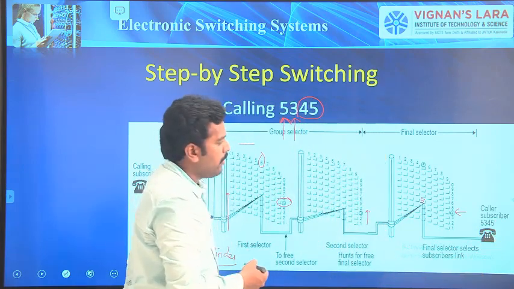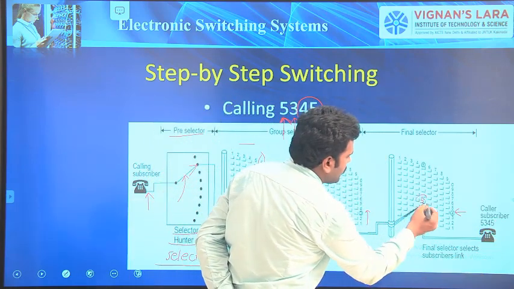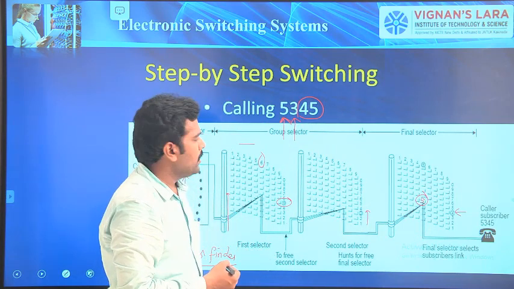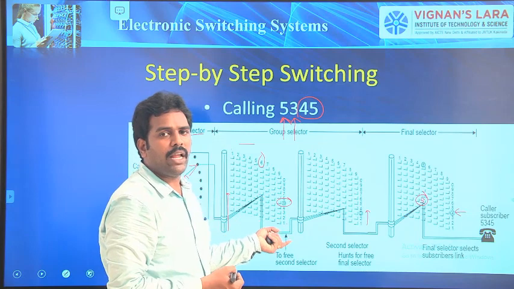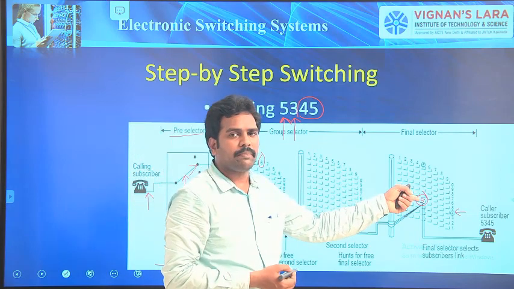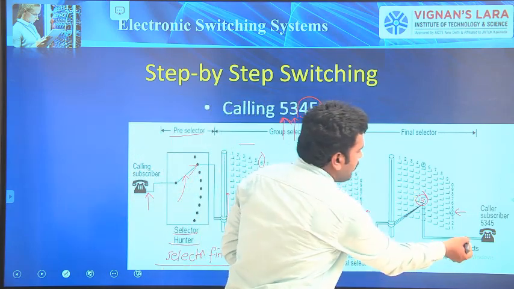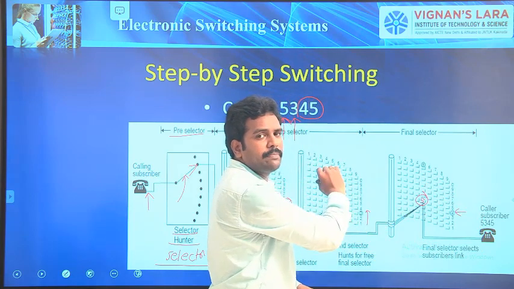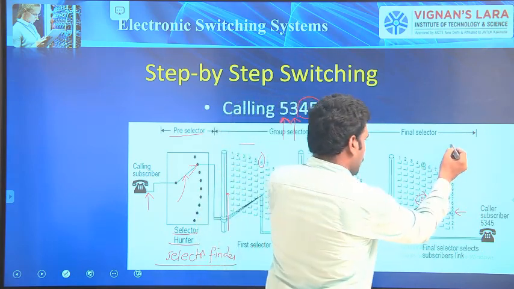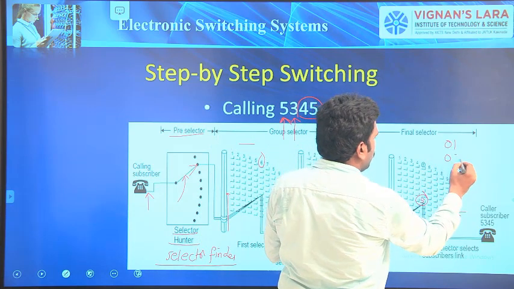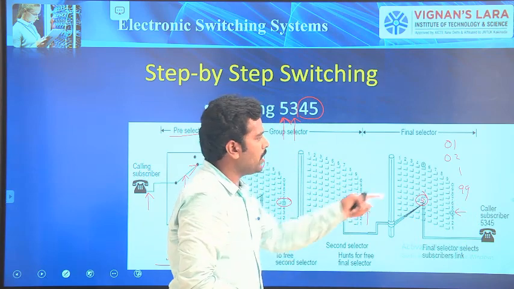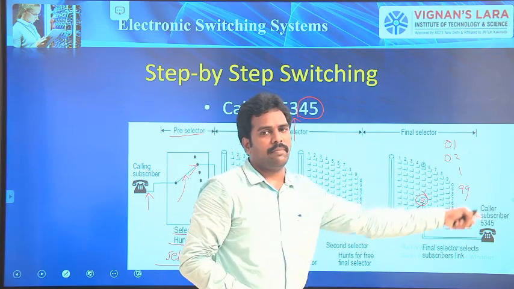Clear? For example, if this contact point is not free, then what happens? The call will be terminated because of the lack of that contact point. Because each and every subscriber is connected to a corresponding contact point: 01, 02 and so on, up to 99, whatever it may be. These are the subscriber numbers.